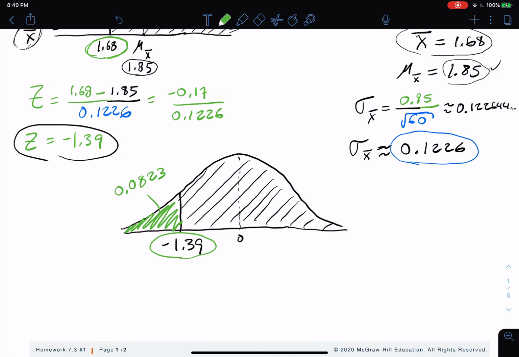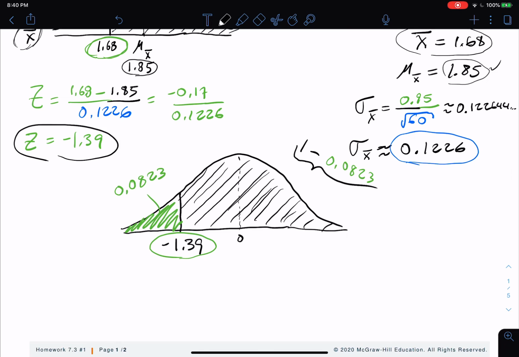Okay, so just like always, if we want to find the area of this shaded region on the right, we have to take 1 minus that green stuff, right?